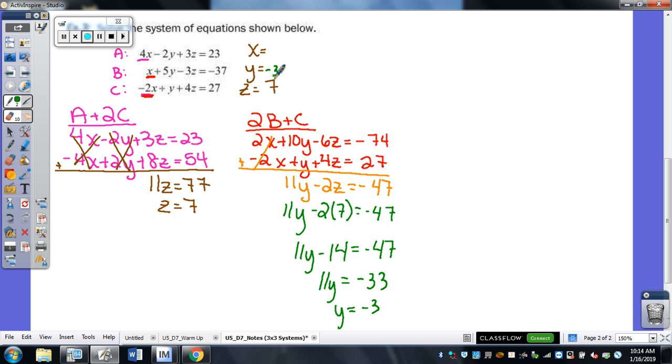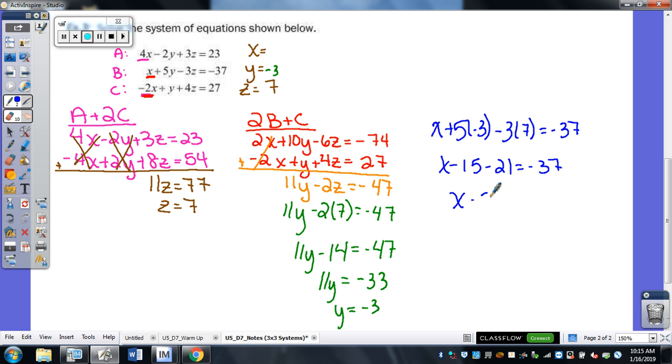So then you got to plug those two in, figure out your x. Should have gotten that x was a negative 1.